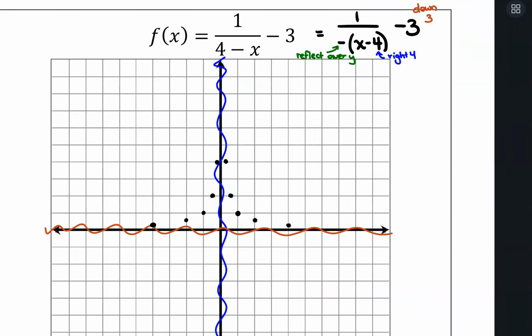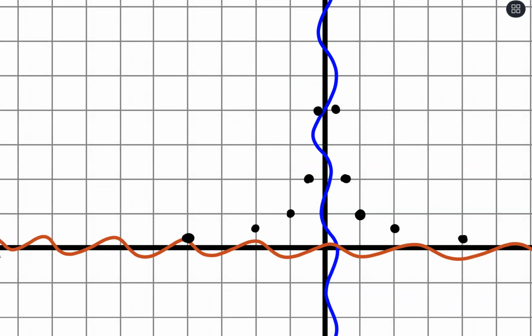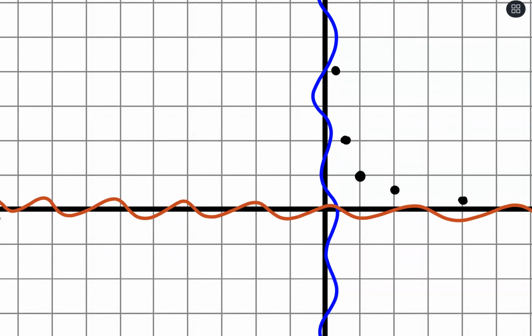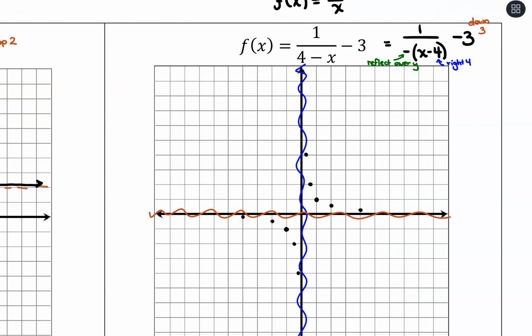Okay, so we are going to reflect over y, which I messed up because I drew for 1/x², and we do not have the x². I should be down here in the third quadrant. Okay, at 1/2 we're at 2, and at a fourth we're at -4, at 2 we're at a half, and at 4 we're at a fourth. Okay, there we go.